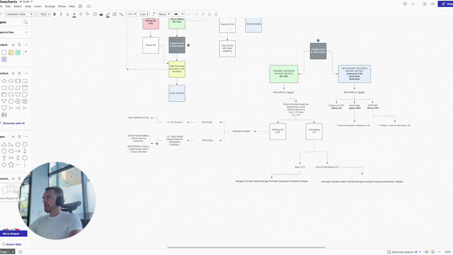And important, choose one model and stick with it across all channels. I say across all channels because if you look at a Google ad account or Facebook ad account, they don't have the same attribution model in most cases. Facebook usually reports on a 7-day, up to 7-day click model, whereas Google will report basically how you define it.